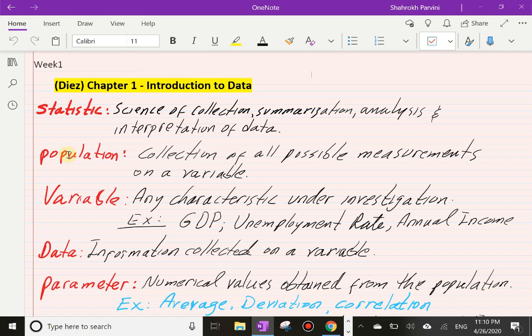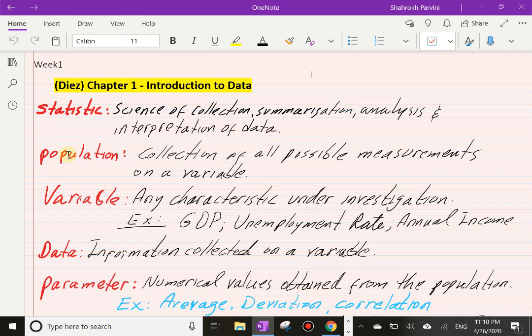We could be, but we may be talking about the population of UPS boxes that are inside the UPS truck. We could be talking about the population of light bulbs, the population of corporations. So we are not necessarily going to talk about people.